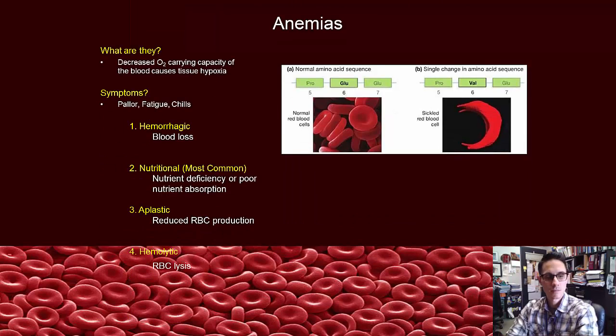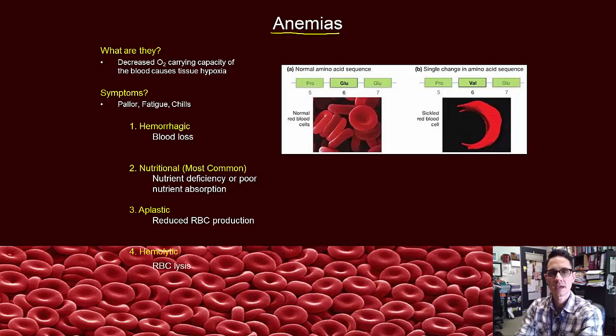Alright, so I want to switch gears a little bit here and talk about some blood disorders. And the most common type of blood disorders are anemias. So what are anemias? An anemia is essentially a condition where we have the inability to keep the oxygen content of the blood stable or at homeostatic ranges.